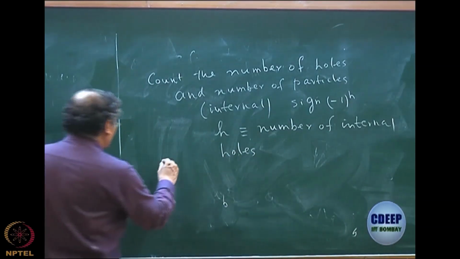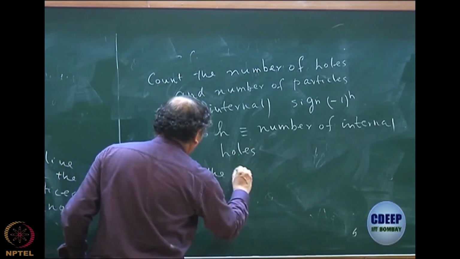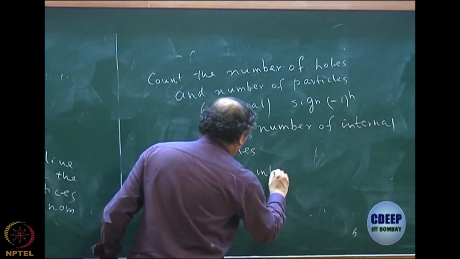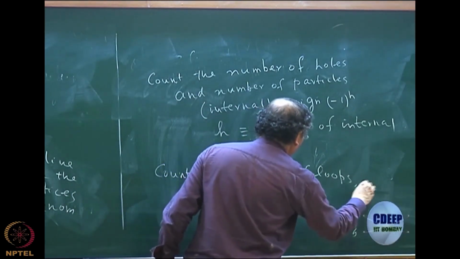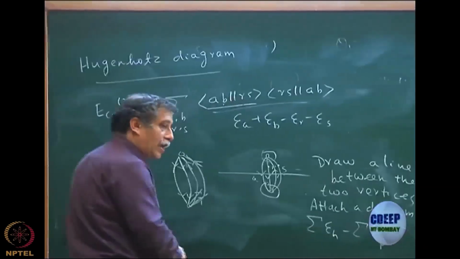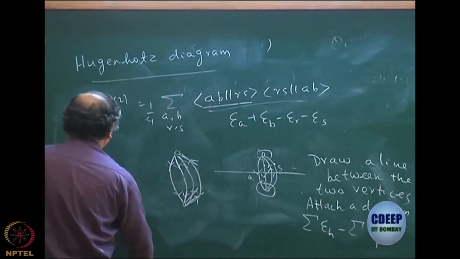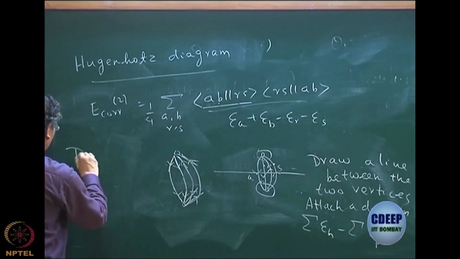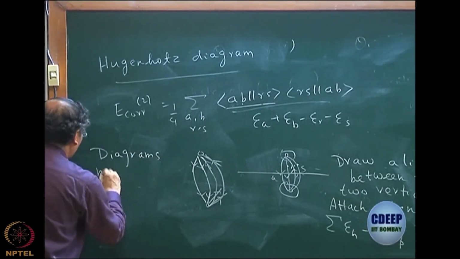The next is to count the number of loops, L. So let me show how to count. First of all, I must write here, when you are drawing this energy diagram, these energy diagrams must be closed, and that is understood here. There are no open lines.